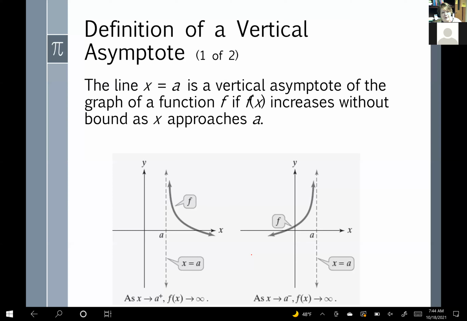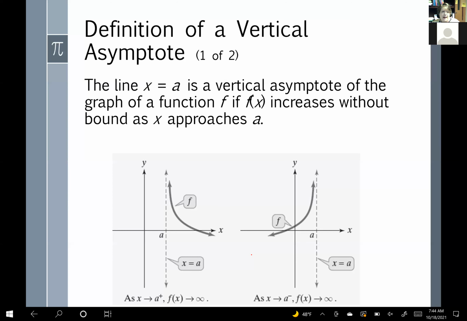So the first graph is as x approaches this vertical line from the positive direction, it increases without bound. The second graph, the graph on the right there, is the same idea, but now x is approaching from the negative direction. So it's approaching that line from left to right.